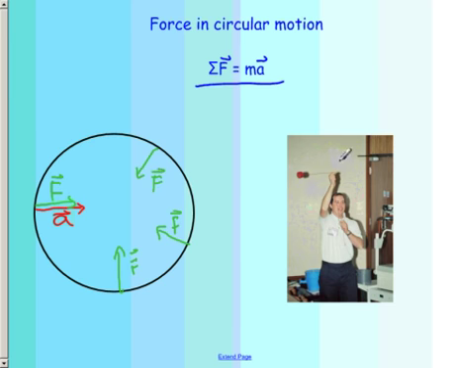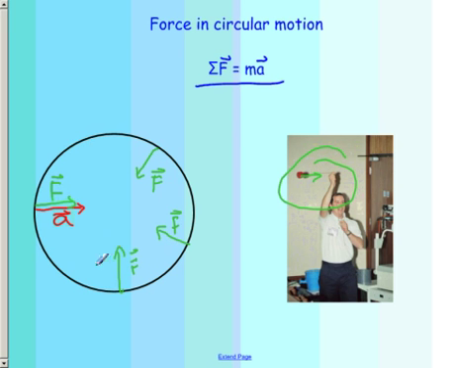And check it out. When he's spinning that thing, what's the only direction a string can pull? Well, I guess I just told you, it can only pull. So the only direction that string can put a force on that ball of yarn is right towards the center, because you're spinning something around on the outside and the string is holding it in.